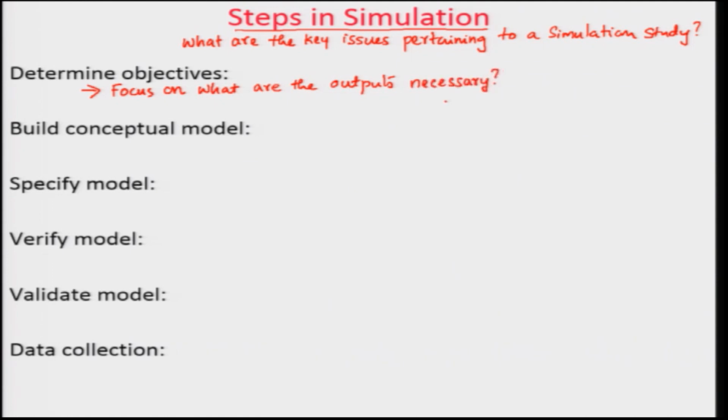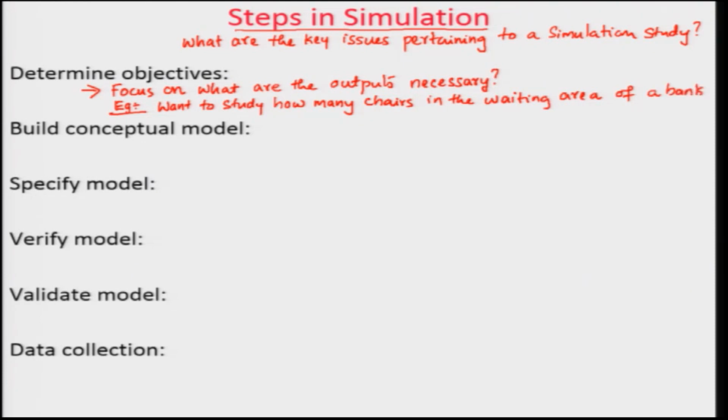An example: if you are interested in studying how many chairs to place in the waiting area of a bank, then that translates to the required output being the average queue length and the maximum queue length.